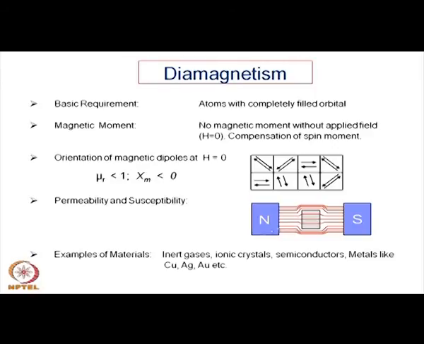The inert gases, ionic crystals, semiconductors, and metals with mostly filled orbitals will have this kind of property. The most important thing is the rarefaction of the magnetic lines of force through the diamagnetic material.